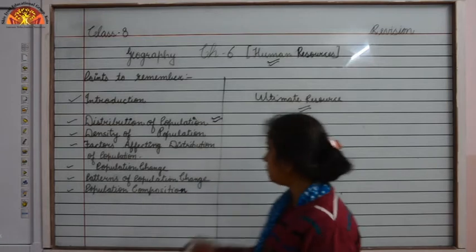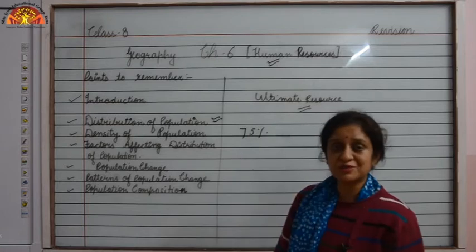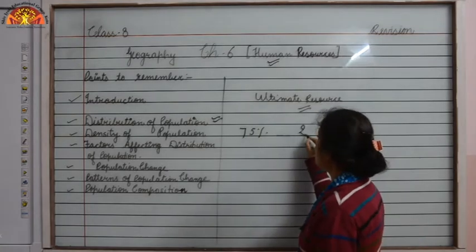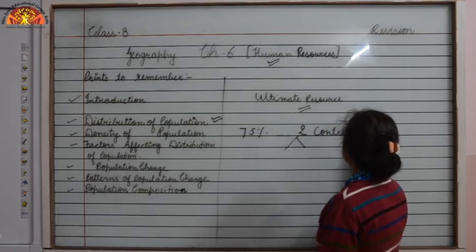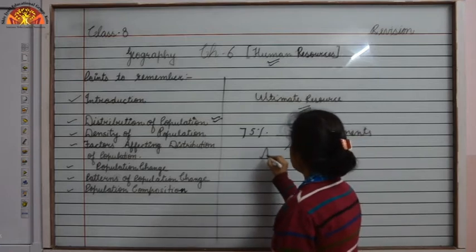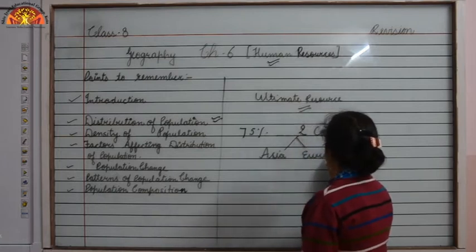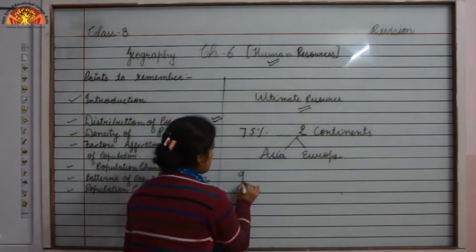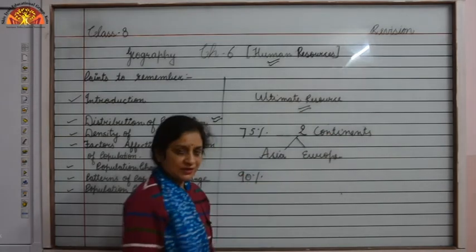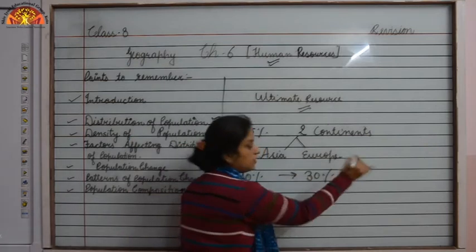Students, if we talk about it, 75% of the world's population lives only on 2 continents, that is Asia and Europe. And the next is 90% of the total population lives in just 30% of the area.